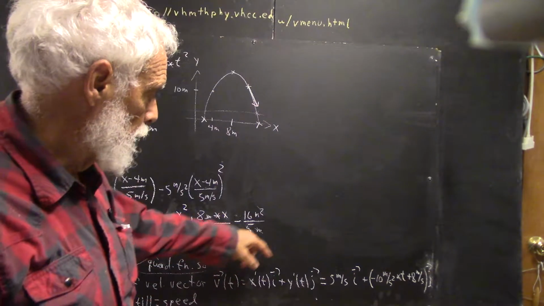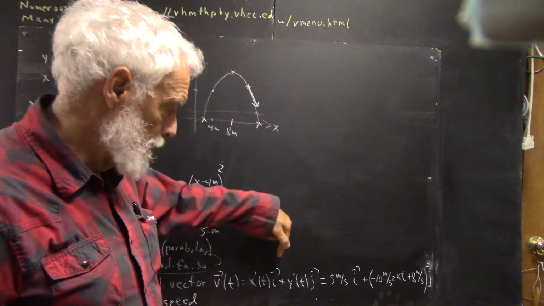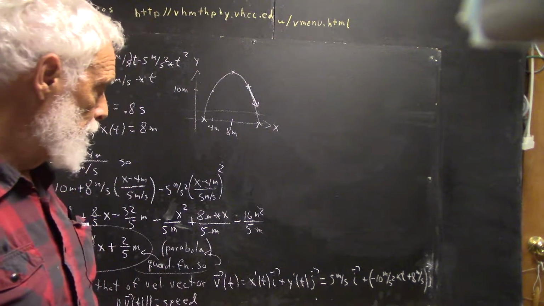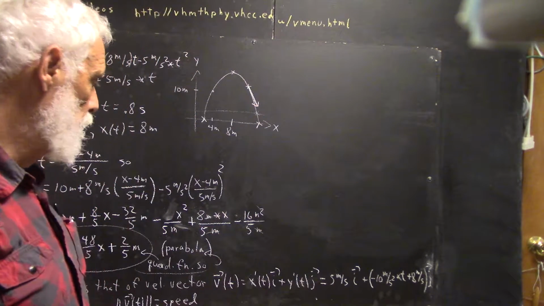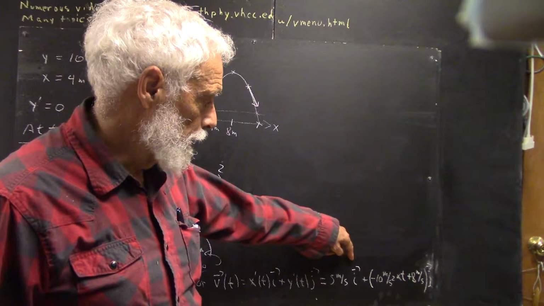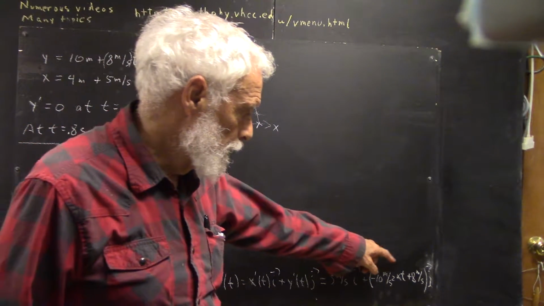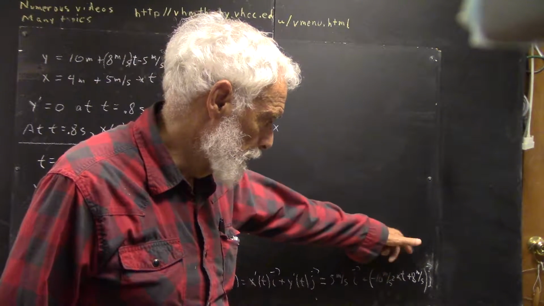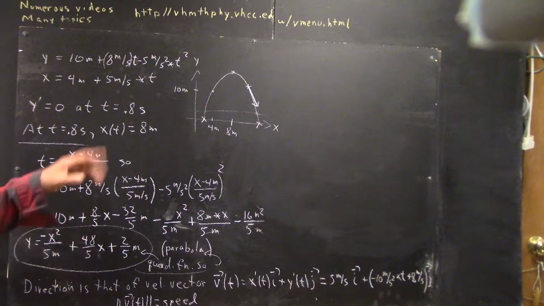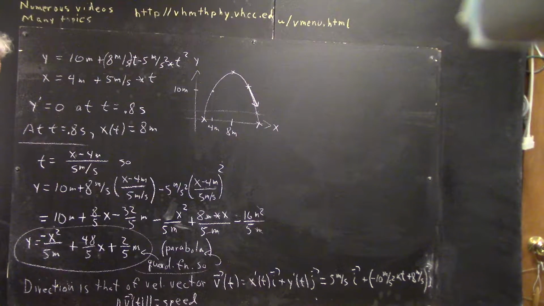So the velocity is x prime of t times i plus y prime of t times j, and taking the derivatives and so forth, we find that the velocity vector is 5 meters per second times i plus negative 10 meters per second squared times t plus 8 meters per second times j. Okay, just the derivative of what we get up here.